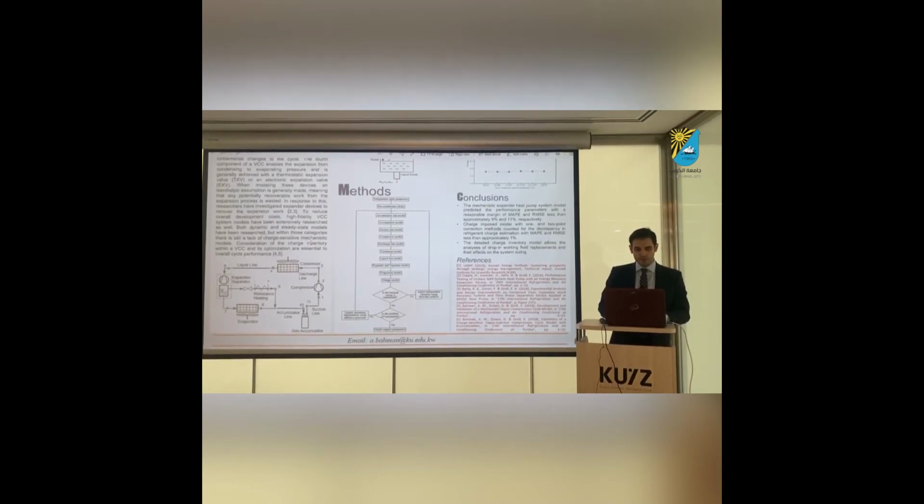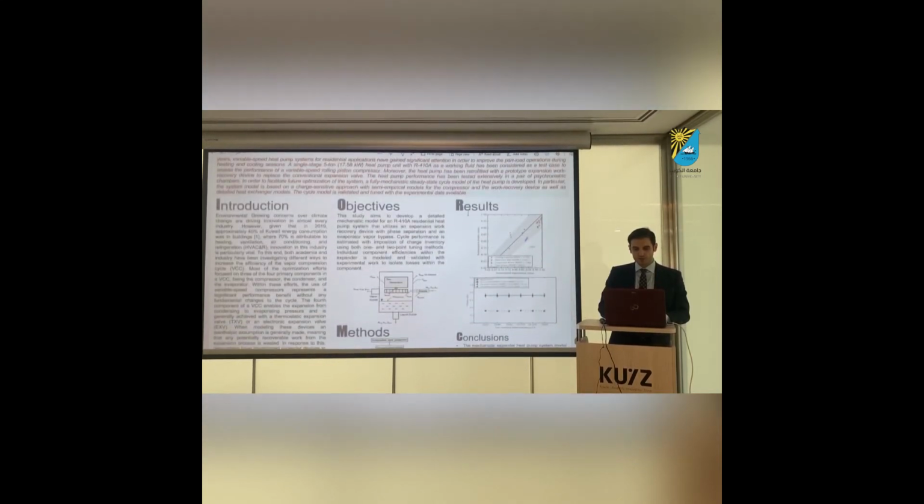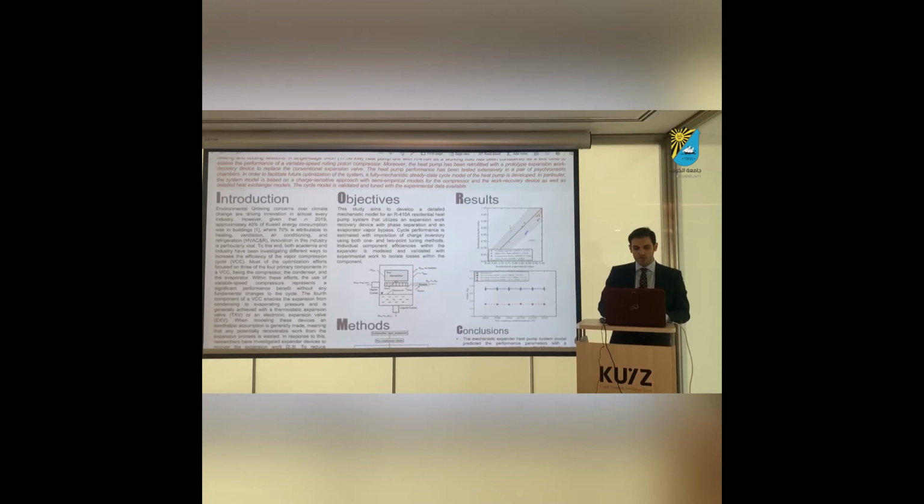So our design expander basically consists of a nozzle and a turbine, where we inject the refrigerant coming out of the condenser in the liquid form into the turbine. So we have a two-phase output coming out.